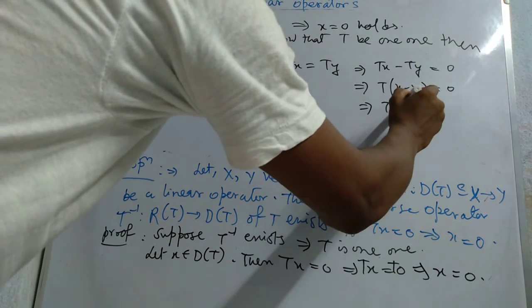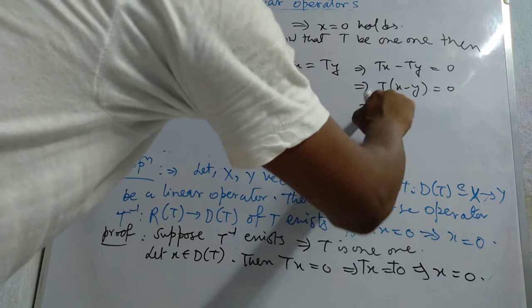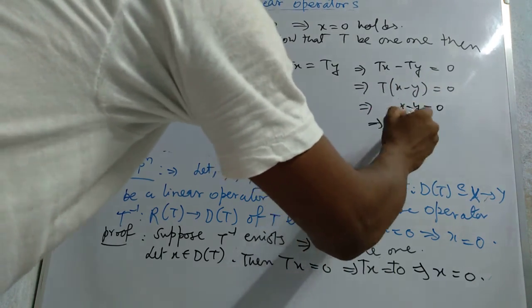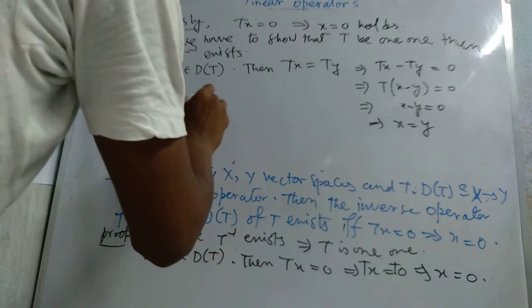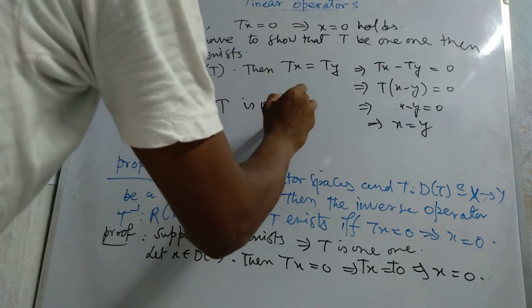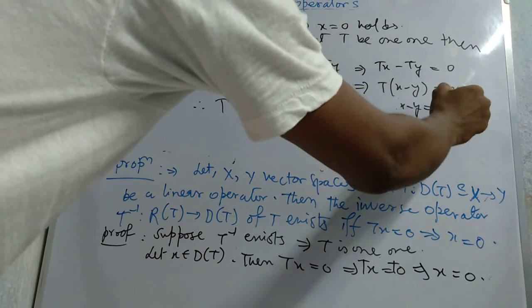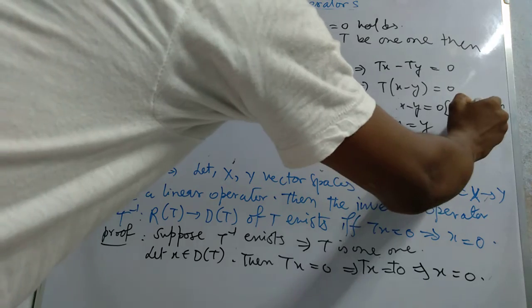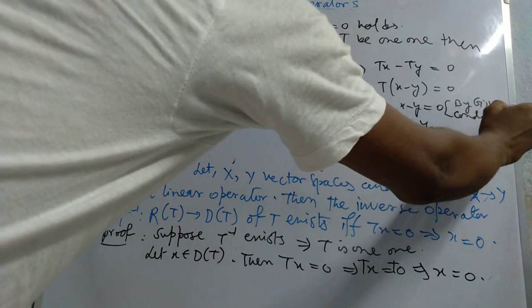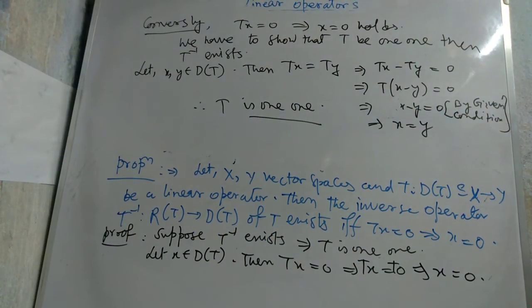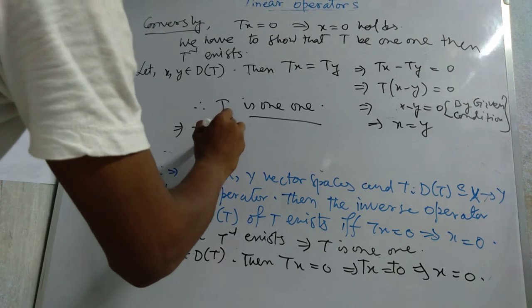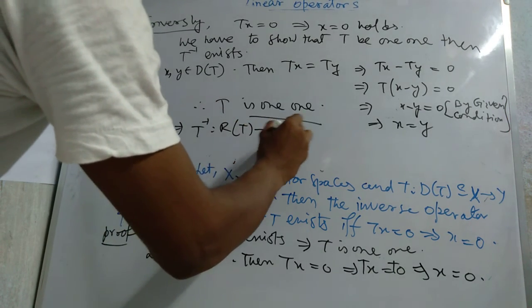By the given condition, x minus y equal to 0, so x equal to y. So T is one-one by the given condition, which means T inverse from R(T) to D(T) exists.